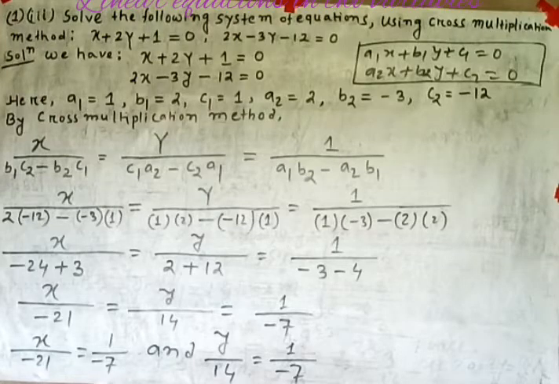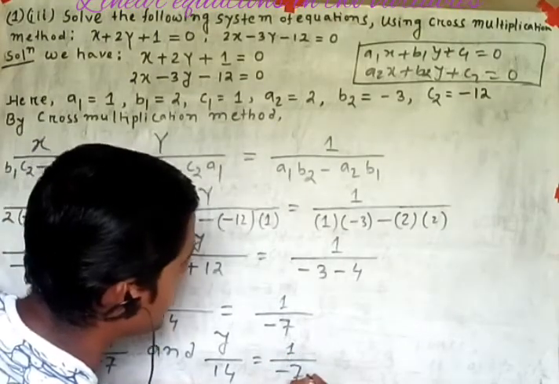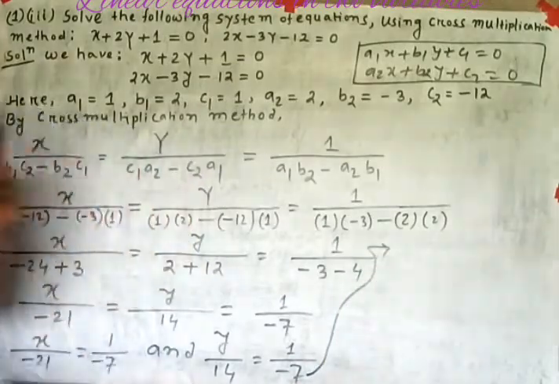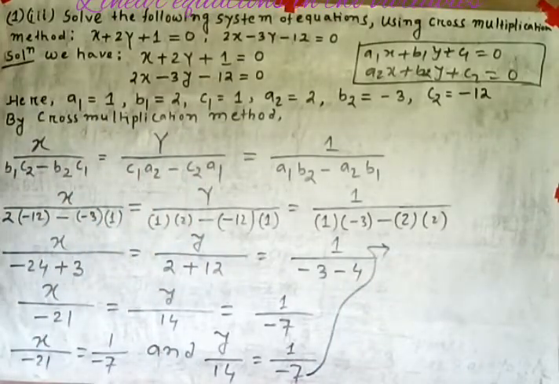After that, what we can do, we can see this part and this part. Since I don't have space, I am going to do this part here. You can go down in your main copy, since I don't have more space at the downside.